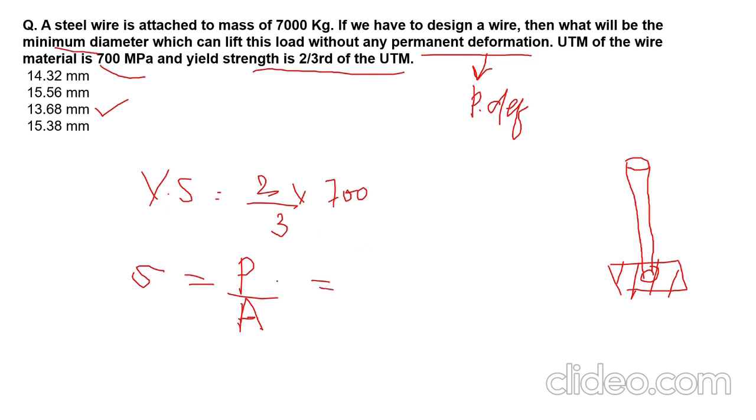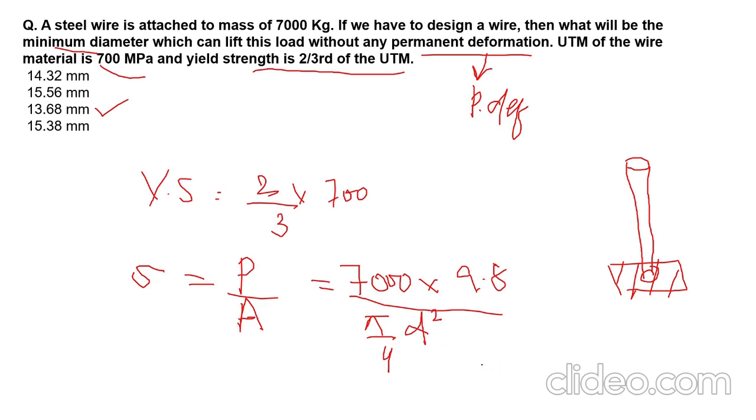We know the load value, that is 7,000, and we have to calculate it in weight, so that will be 7,000 multiplied by the gravitational constant, which we can take as 9.8 or 10. Area will be given by pi by 4 times d square. This d is to be calculated.